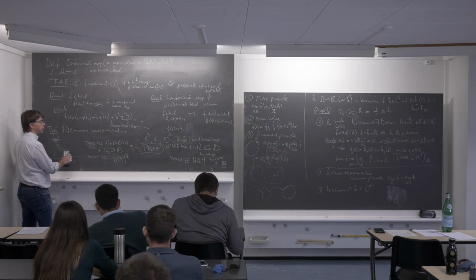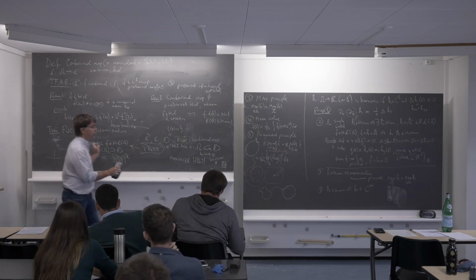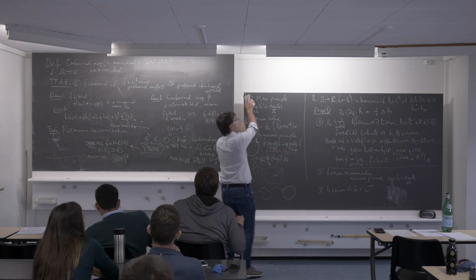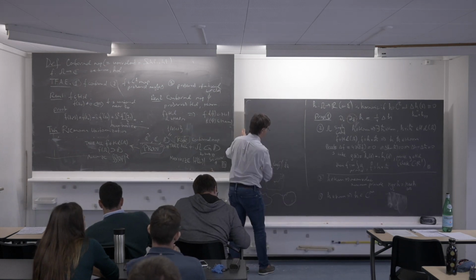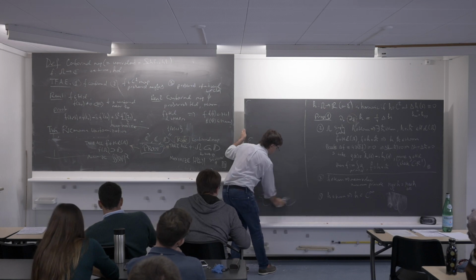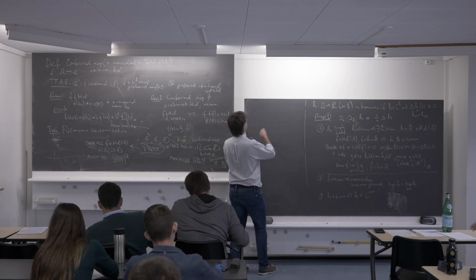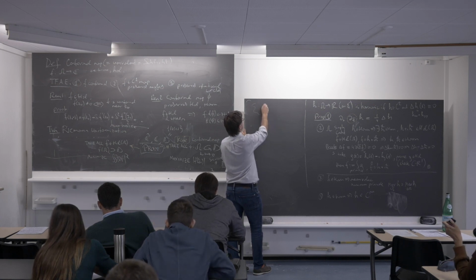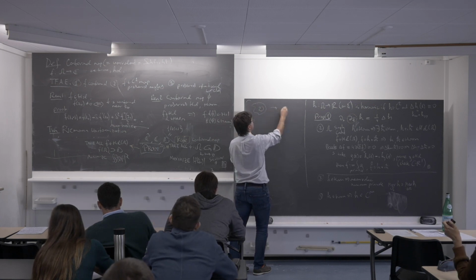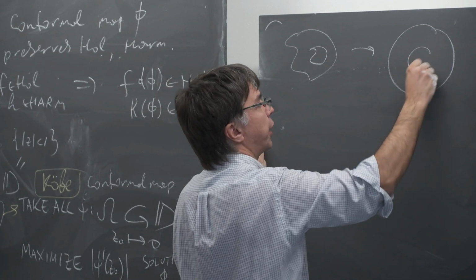Just before we go to the break, I want to show an open problem, that already in this area there are wide open problems. There is a uniformization theorem which says that if you have a domain with a hole, you can always map it to a round annulus.